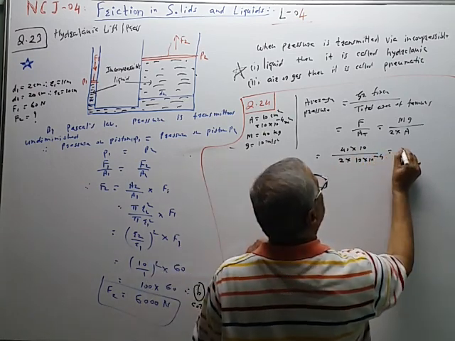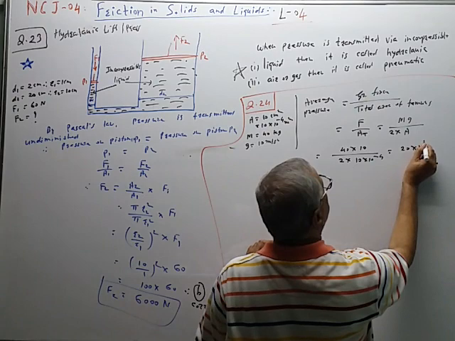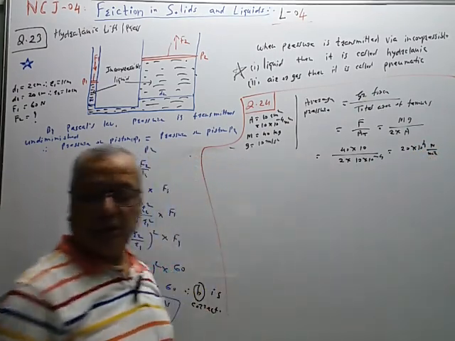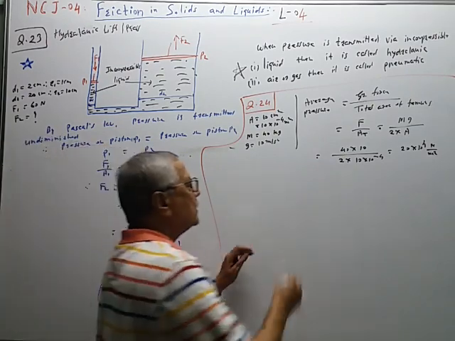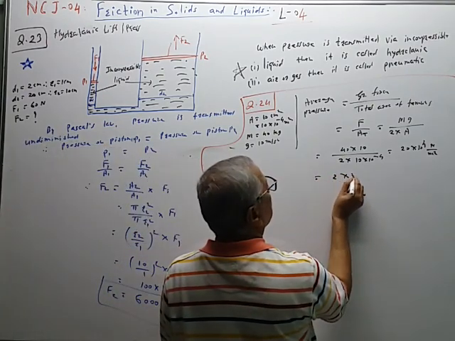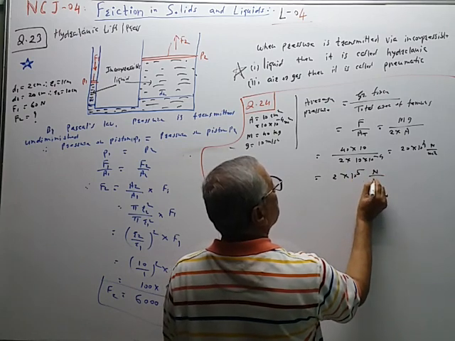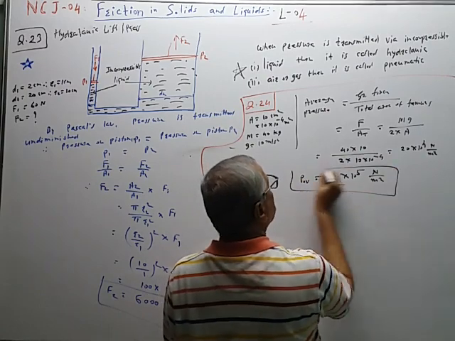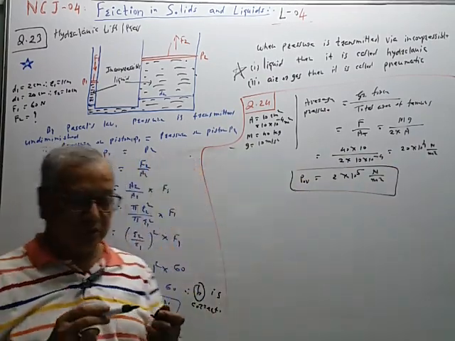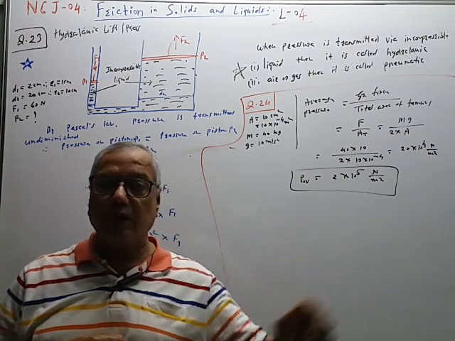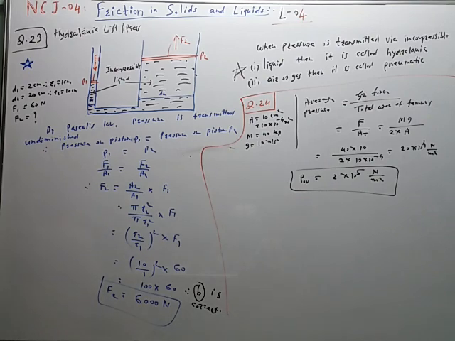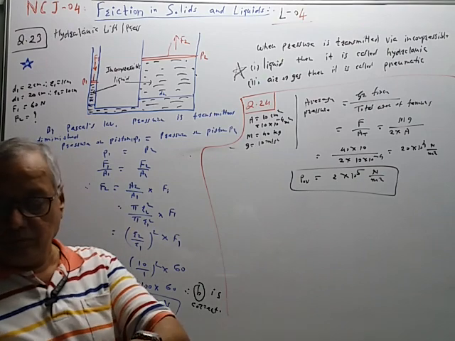So 10 will get cancelled. So 20 into 10 raised to 4 or 2 into 10 raised to 5 Newton per meter square. This is the average pressure. Average pressure on the femur bone is equal to this much. So this is nearly 2 atmosphere, more than 1 atmosphere. So the correct choice is B.